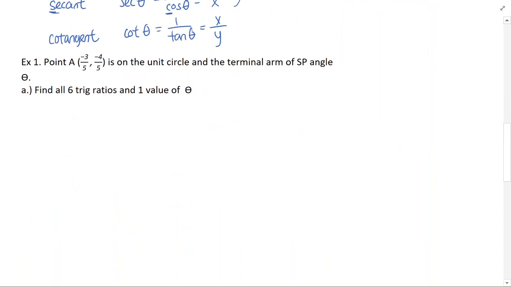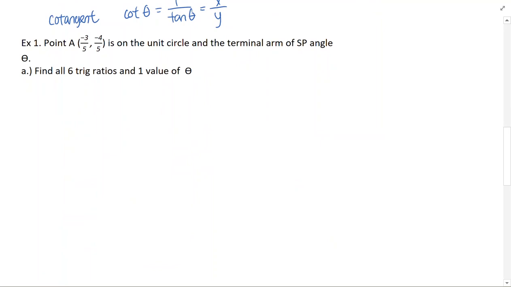First example here. There's a point A, (-3/5, -4/5), on a unit circle. Remember, on a unit circle r equals 1. And it's on the terminal arm of a standard position angle theta. So let's start with a sketch of what that may look like.